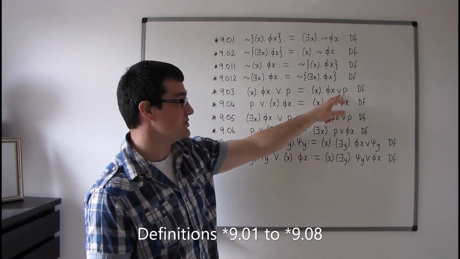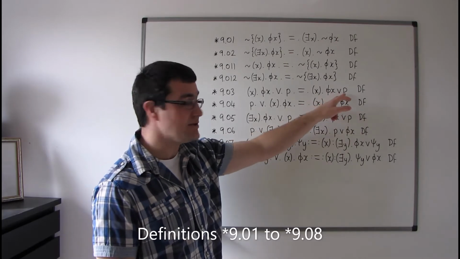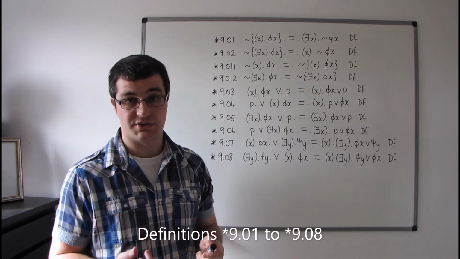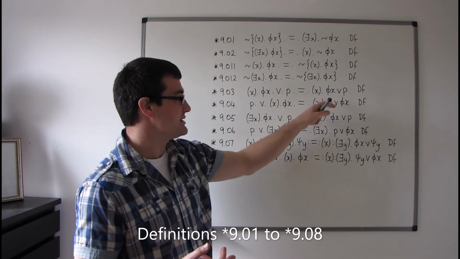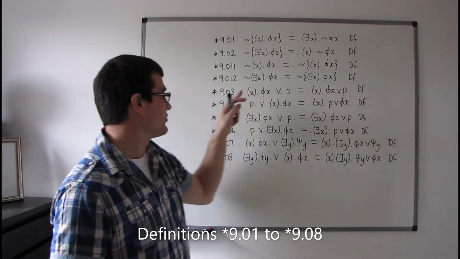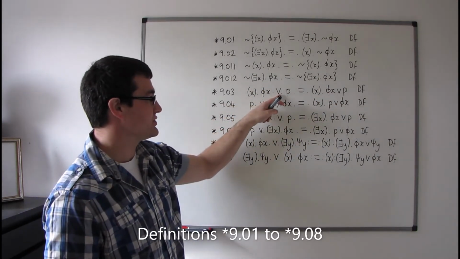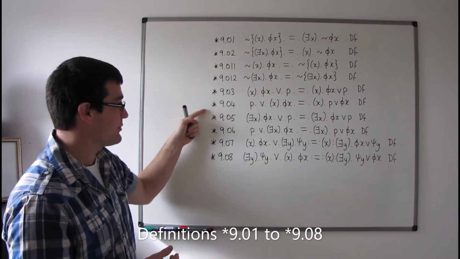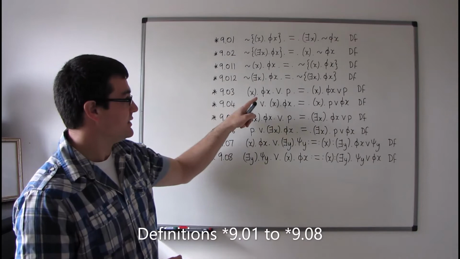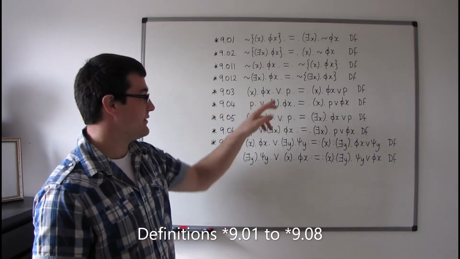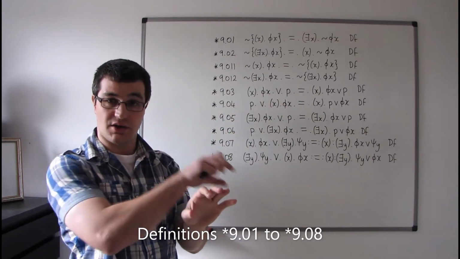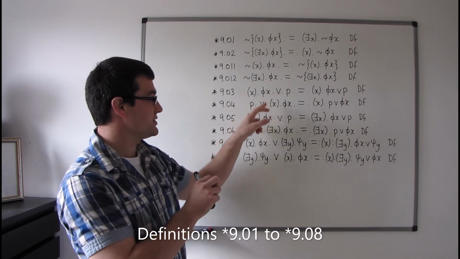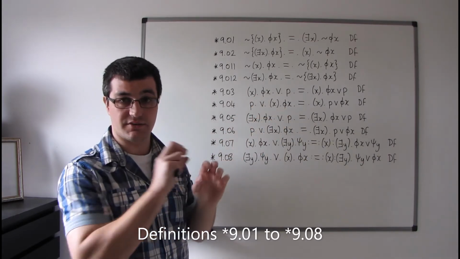So yes, we know disjunction as applied to elementary propositions is commutative, but we can't necessarily assume that from disjunction as applied to first order propositions. So that's why we've got two separate definitions, defining the disjunction when the first order proposition is on the left of the disjunction and when it's on the right of the disjunction.